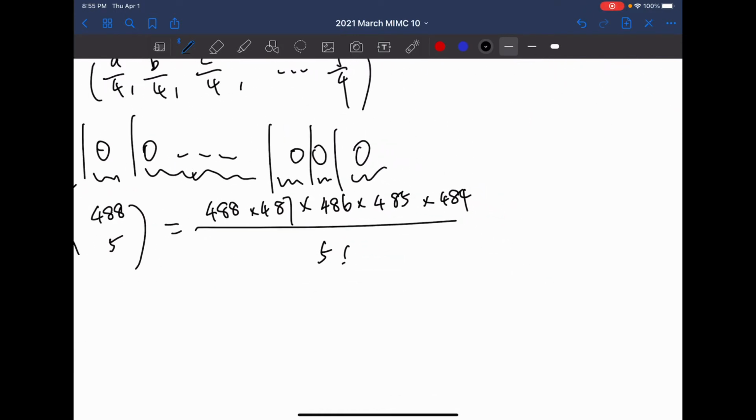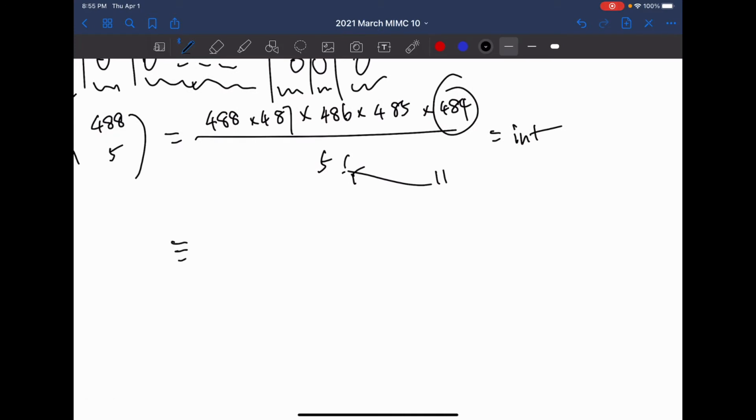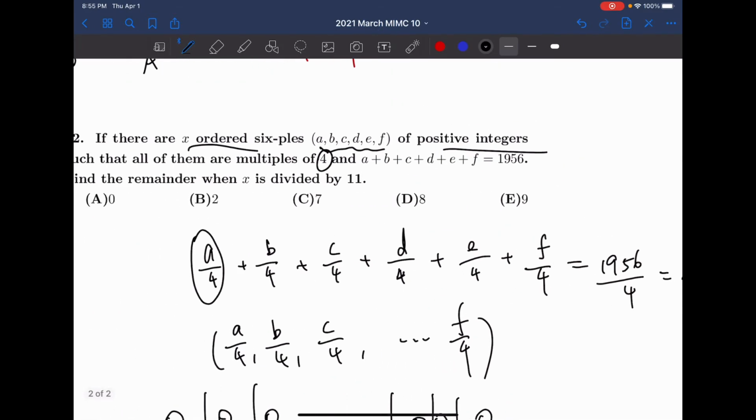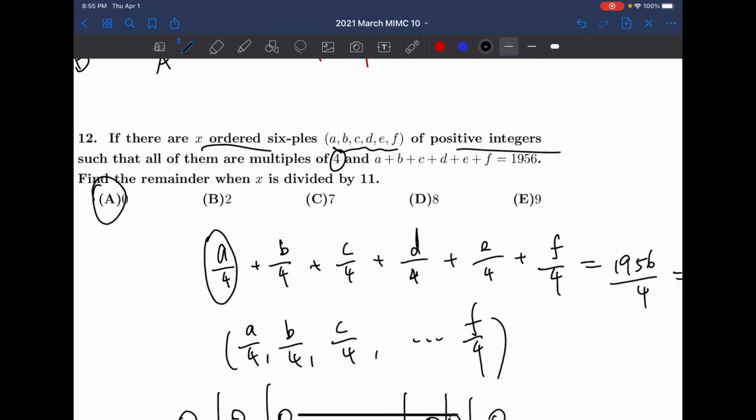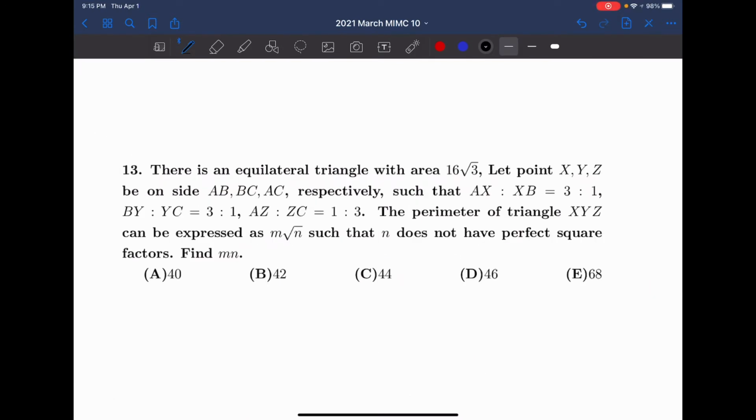And realize that this must be an integer. So 484 is a multiple of 11, and there's no multiple of 11 in the divisor. Therefore, this expression must be 0 mod 11. That's our answer, A. Let's proceed with number 13.